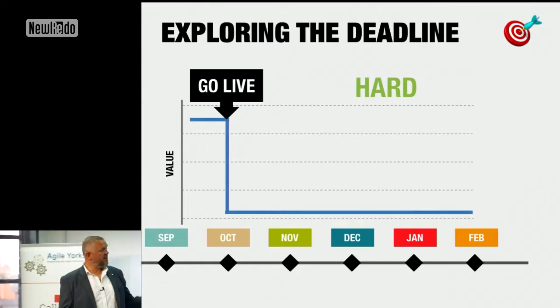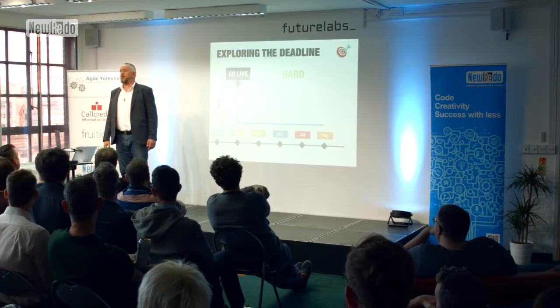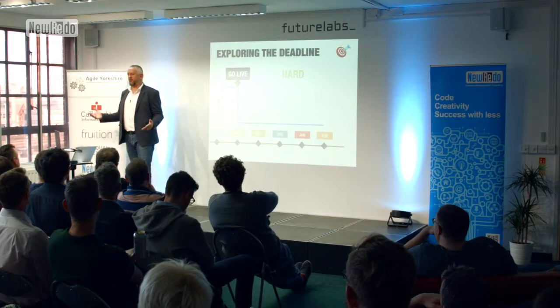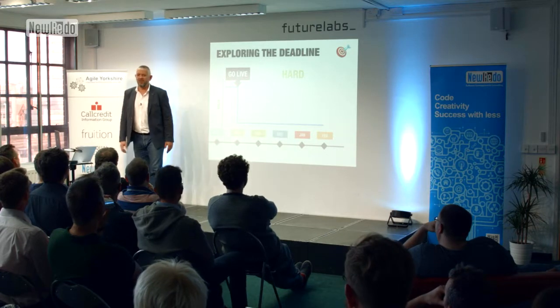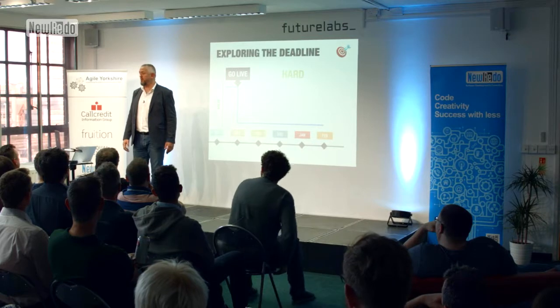The next type is a hard deadline. In other words, it's a cliff edge. As soon as we go past that date, does anyone give me an example of a hard deadline? Regulatory. Sorry, what was yours? Christmas or the races, the Grand National. Yeah, if you're in a particular industry, can you imagine Sky Betting and Gaming ringing up Cheltenham?